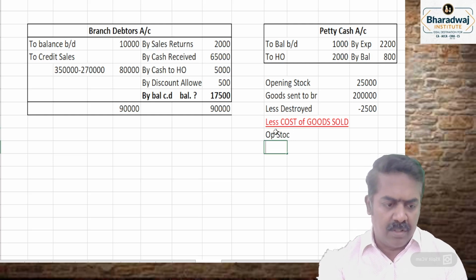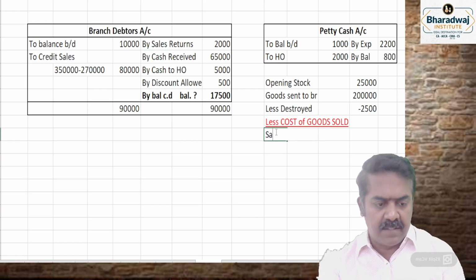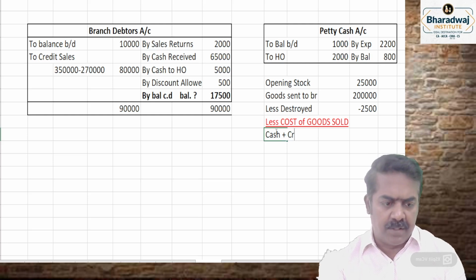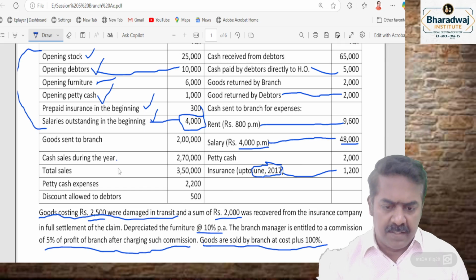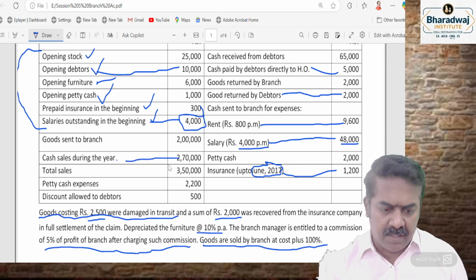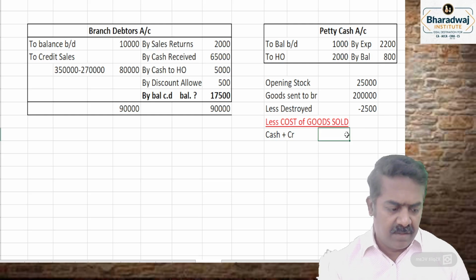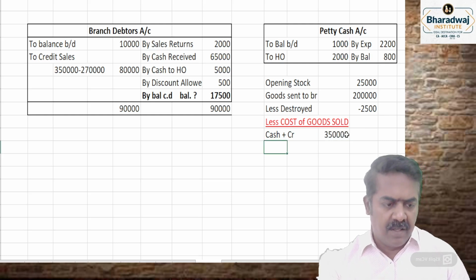Cost of goods sold, we can work out based on sales. What is the cash sales given? Cash sales plus credit sales. Cash sales 2,70,000. Okay, total sales itself is given, 3,50,000.